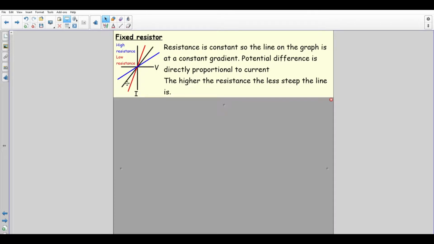Let's take the black line as our original one. As the potential difference doubles, the current doubles. And we can look in the negative direction as well, because you can have a negative current, which means it's going the opposite way.